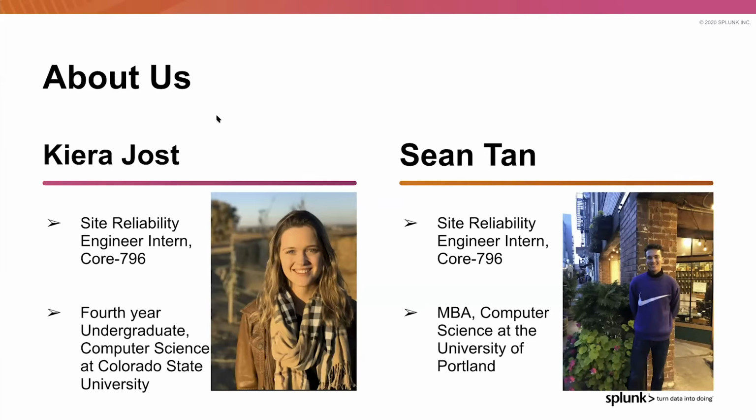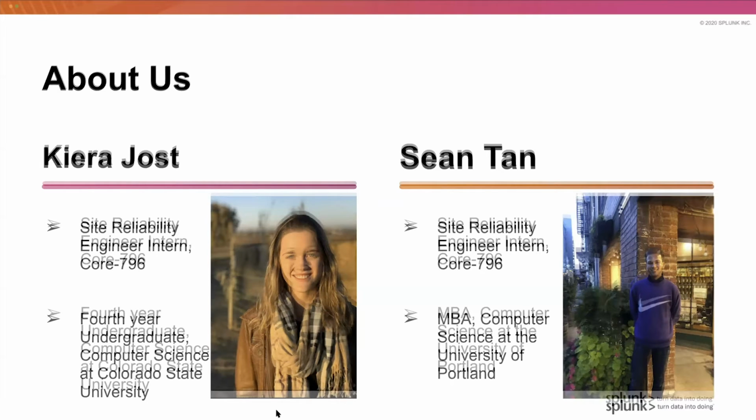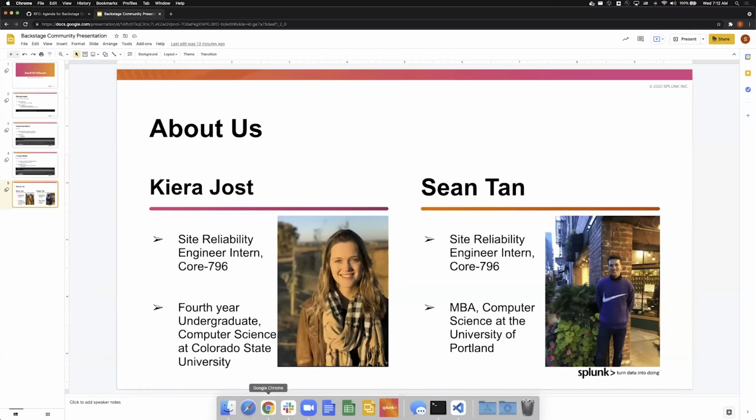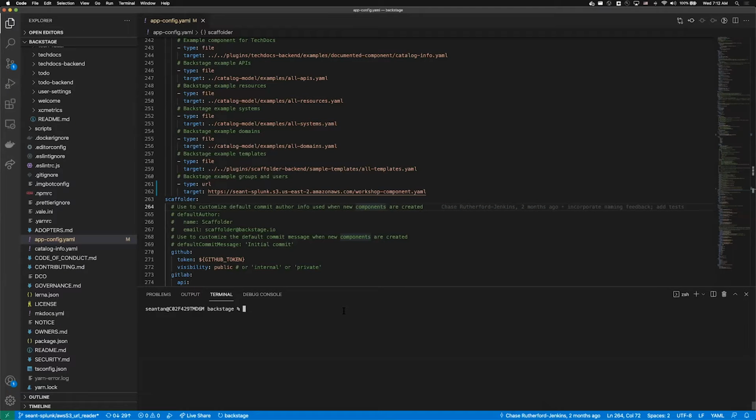And I can demo real quick just what the reader might look like in the local instance of Backstage. So as you can see here, I have in the app config, in the locations target, something pointing to my local bucket, and inside it has a component file called workshop component.